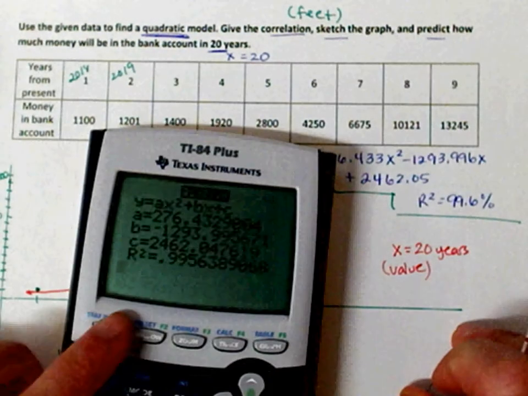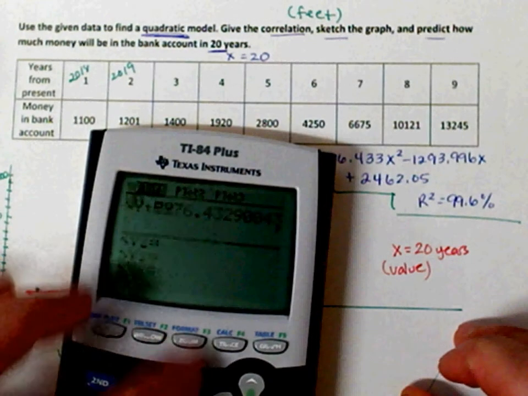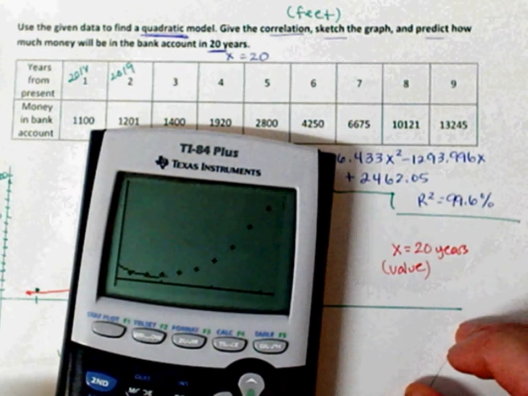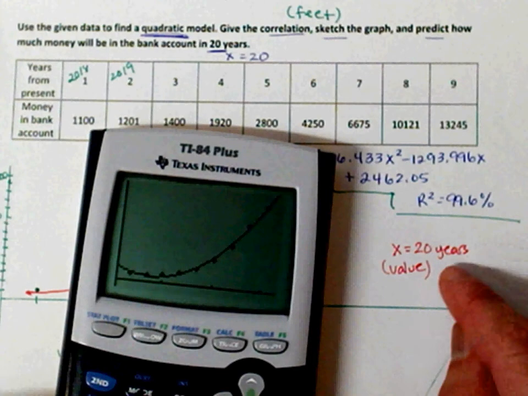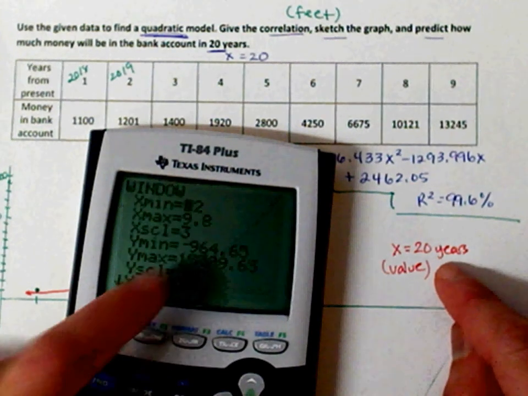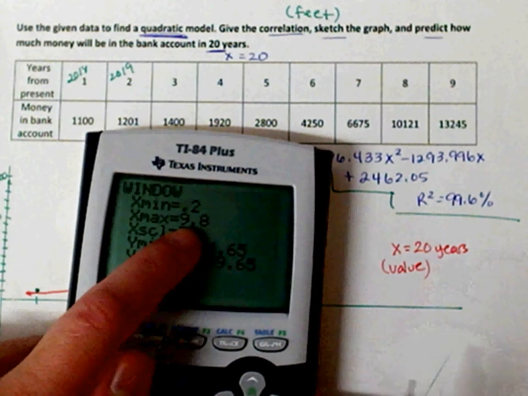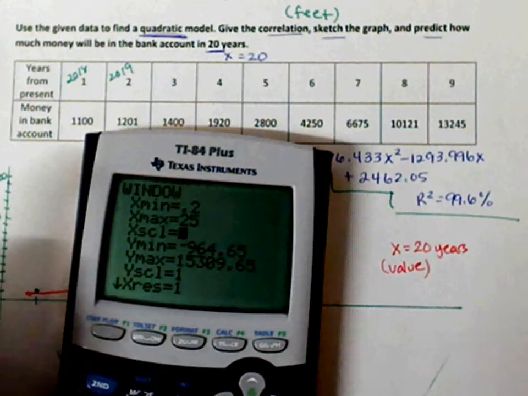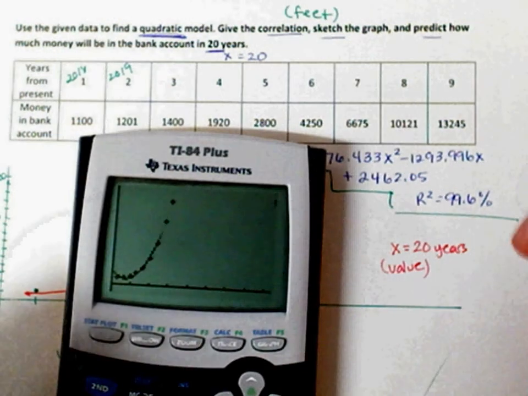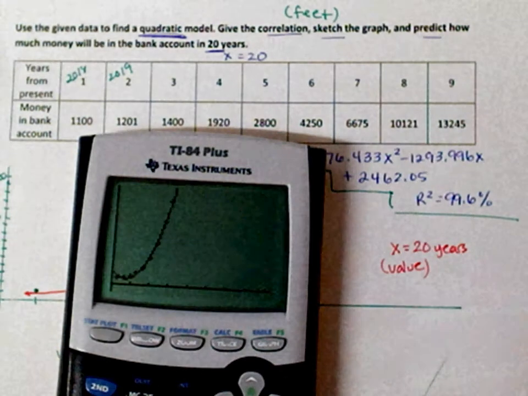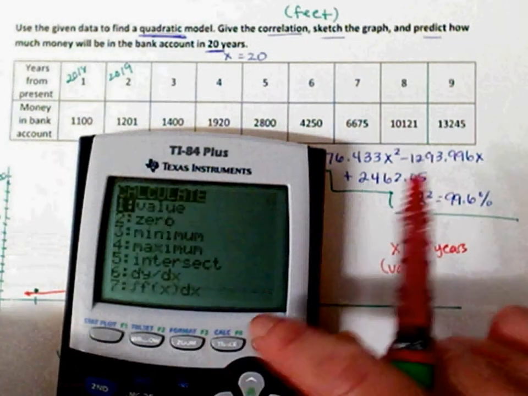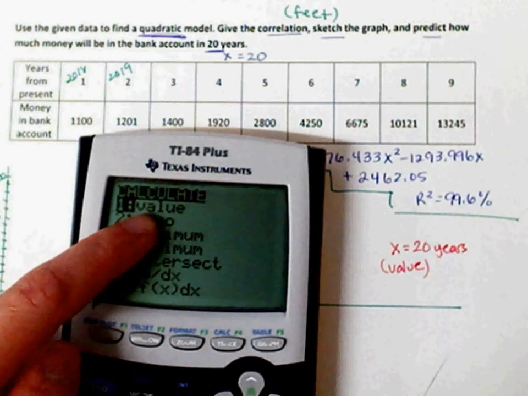I'm going to zoom 9 so I can plot everything. My x value is 20, so check your window. Look at your x maximum. It's only at 9.8. How about we do 25? Now, hit second, calc. You see where it says value? That's an x. So hit 1 and type in 20.